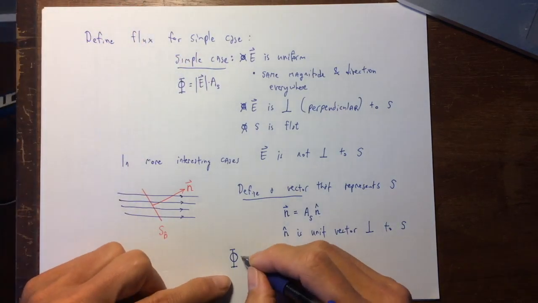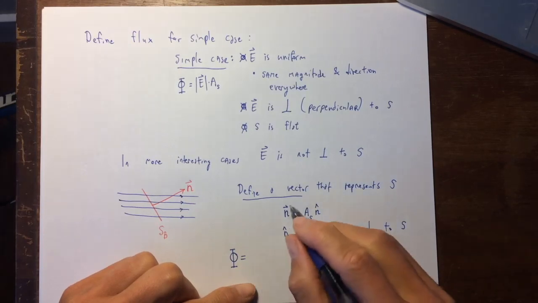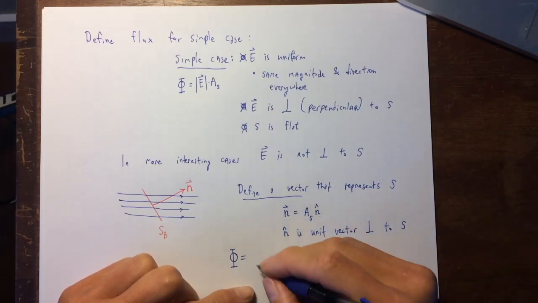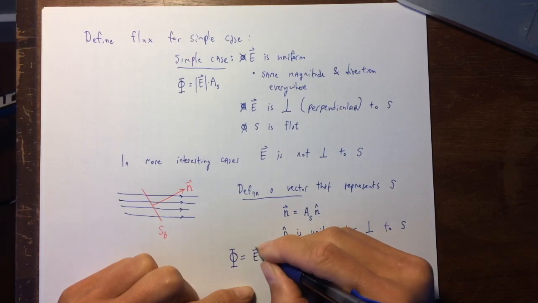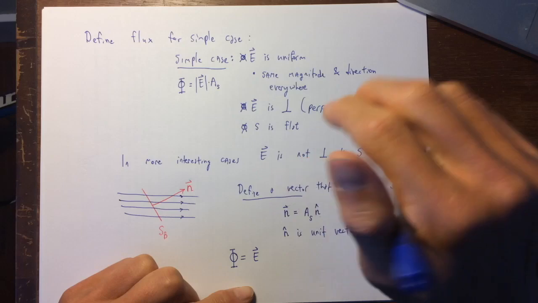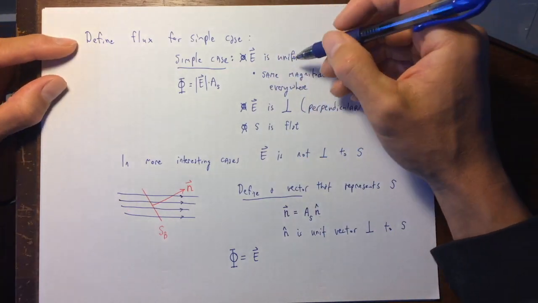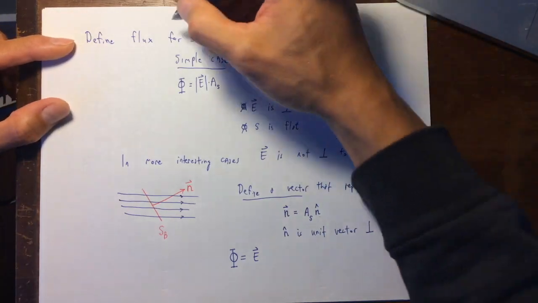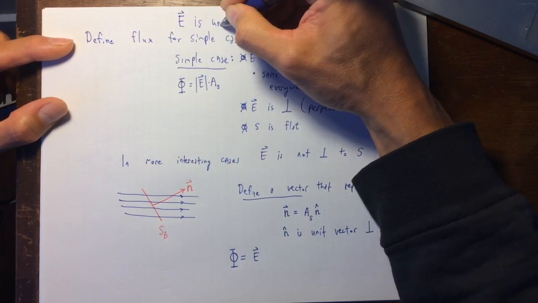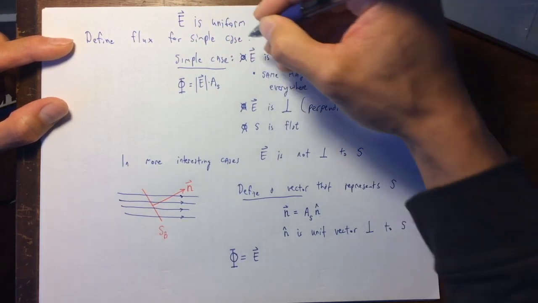In this case, we have to update what we mean. The idea is we'll take the electric field, which we are still taking as the uniform electric field. So we define flux for the simple case that E is uniform. This is the overarching assumption: E is uniform for everything happening on this page.